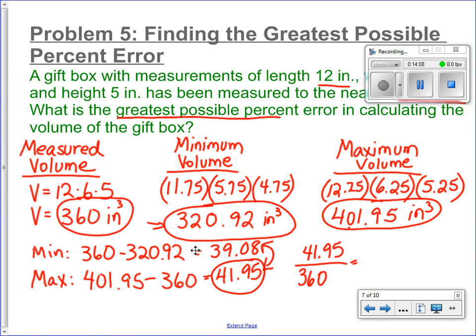So 41.95 divided by 360 is, and again, this is approximate, 0.1165. Since it's a 5, we'll increase that 6 to a 7. Or as a percent, moving my decimal point over 2 places, I would have 11.7%, and that is the greatest possible error in calculating the volume.